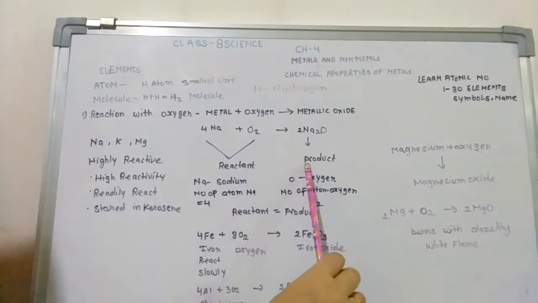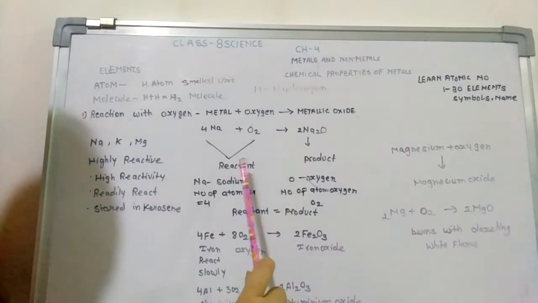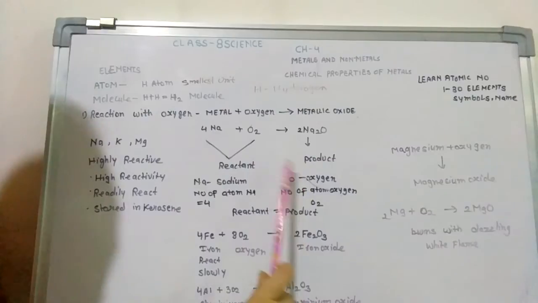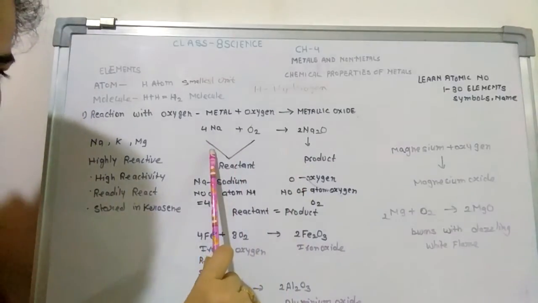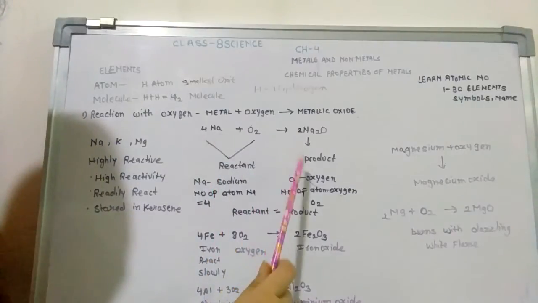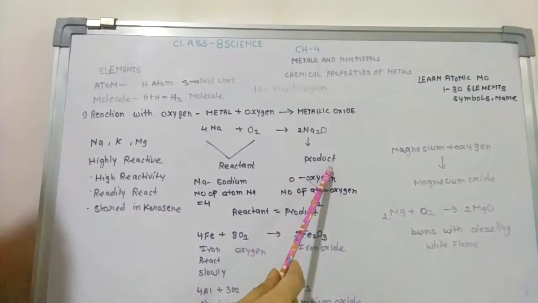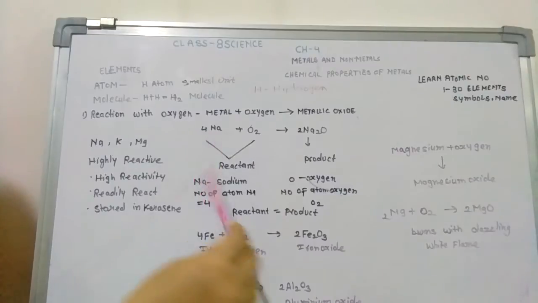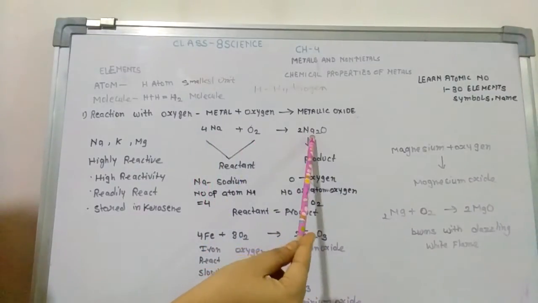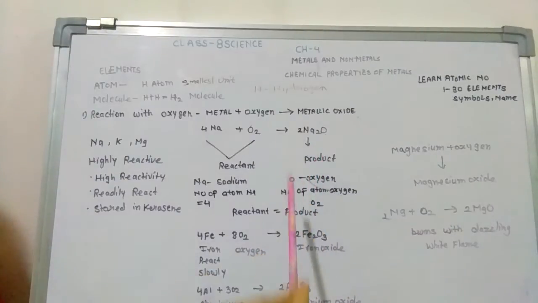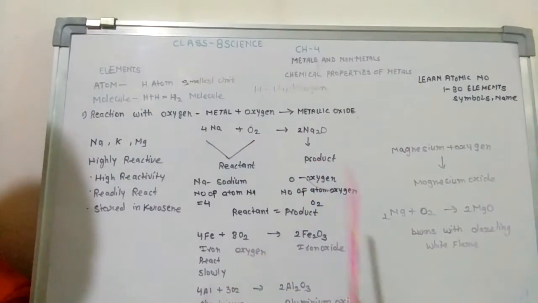It is called a balanced reaction. It means the number of atoms present in the reactants equals the number of atoms in the products. Here we have 4 Na atoms and 2 oxygen atoms, and after the reaction we get 4 Na atoms and 2 oxygen atoms. So the reaction is balanced.